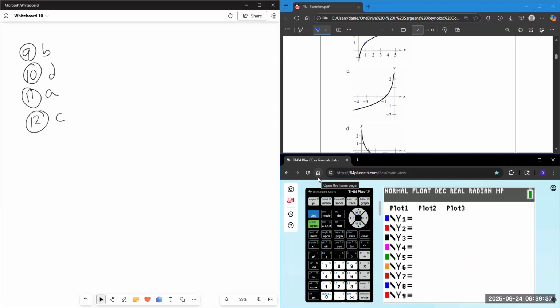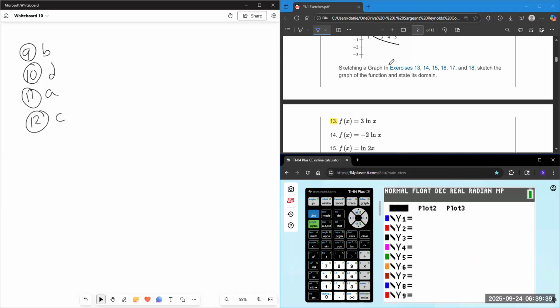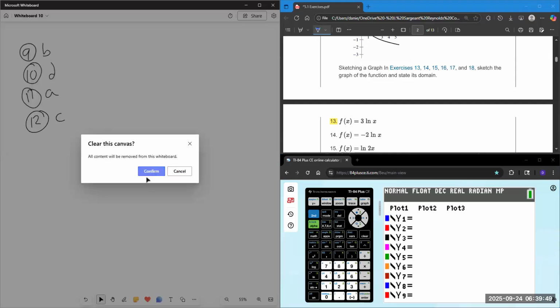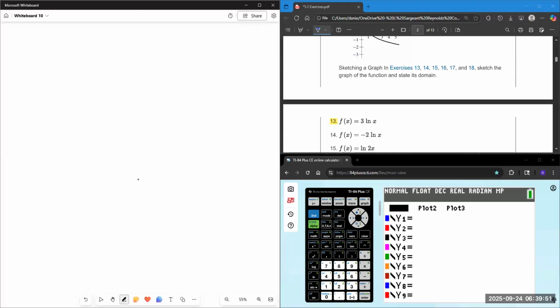Let's move on now to number 13. And we're being asked to sketch the graph of the function and state its domain. So I'll do a sketch and then I'll put it in the calculator since the calculator is better at drawing than I am. So 13 is f of x is equal to 3 ln of x.